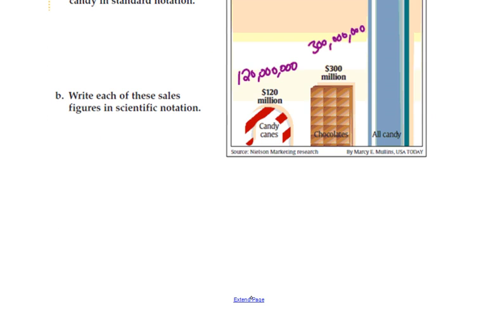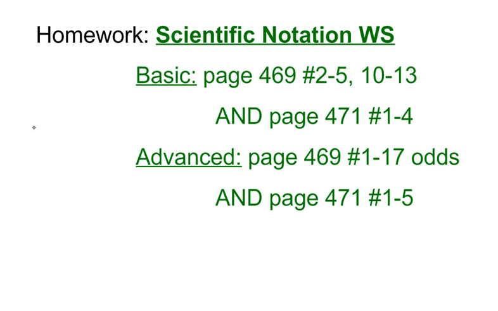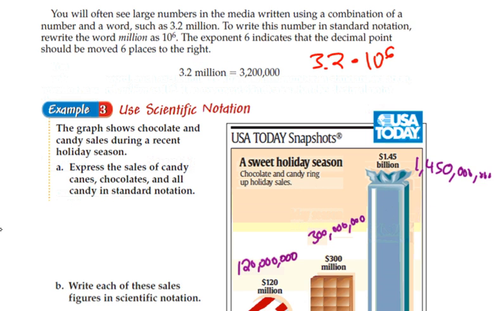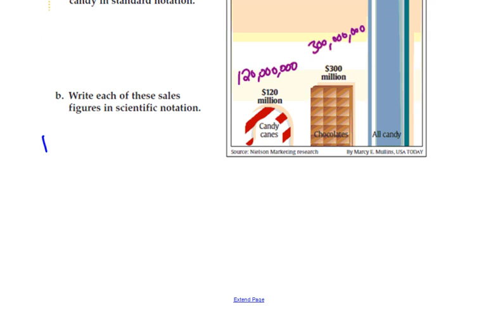Now we can use those numbers and write them into scientific notation. So for instance, 120 million, we'd have to do 1.2, the number that's between 1 and 10. It's going to be a big number, so it's going to be a positive exponent. Times 10 to the 1, 2, 3, 4, 5, 6, 7, 8 will be the exponent for that one. 300 million will be similar.